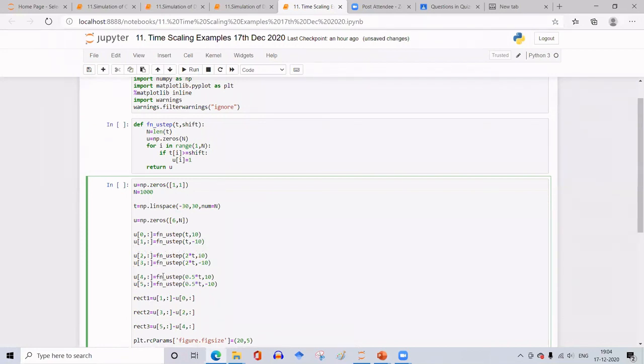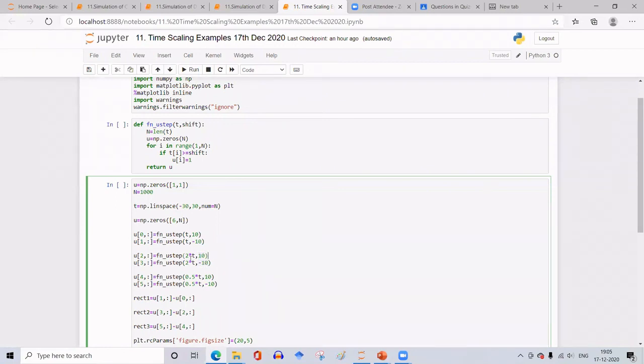Next, to get that time scaled version, that is 2t, I am calling this function, and in the third row I am storing the result of the function. So I call this fn underscore u step with 2 into t, that is time scaled by 2, and this shift plus 10 and minus 10.